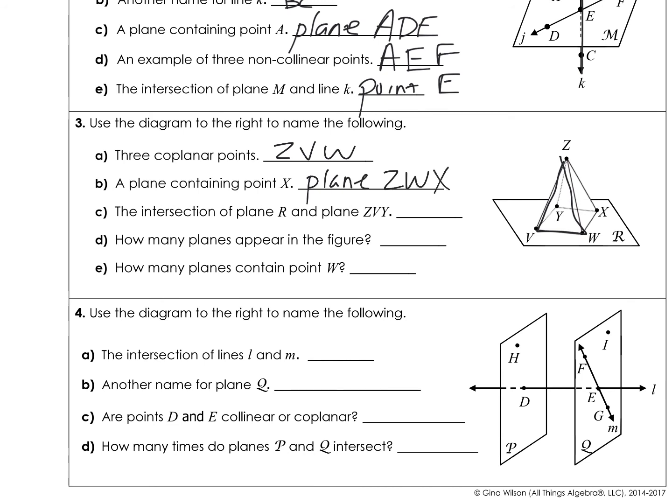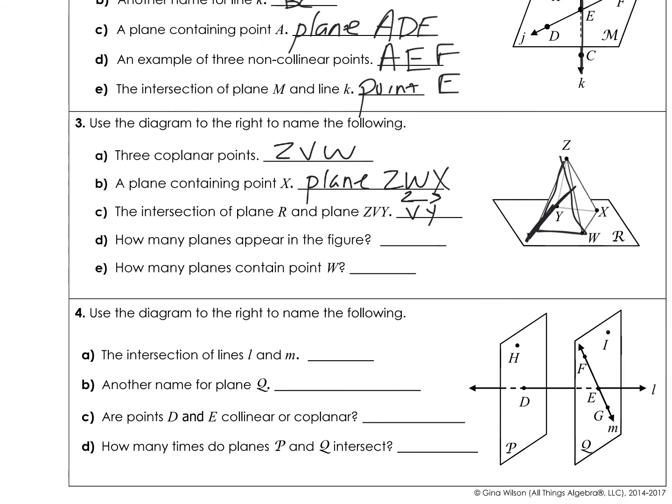The intersection of plane R and plane ZVY. So remember, planes intersect at a line. So the intersection of plane R and plane ZVY is going to be this line. It's going to be line VY.